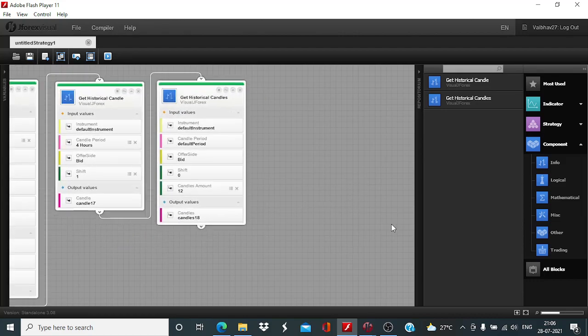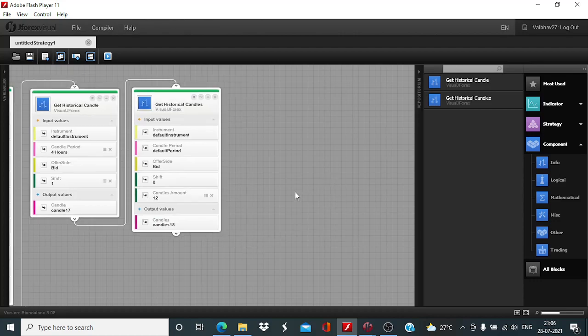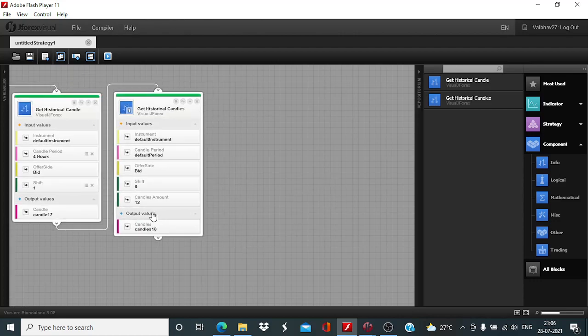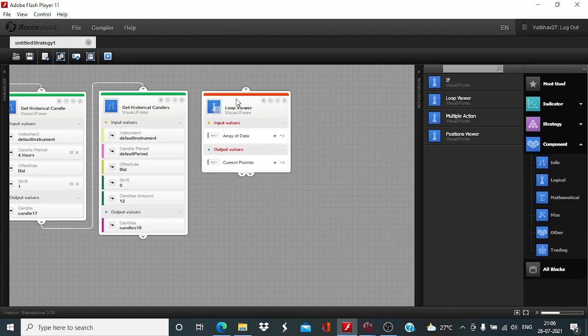We are going to get the array of data candles 18, and to retrieve the individual variable we will have to put this output value in a loop viewer, and for that I will have to check logical component. Here it is.